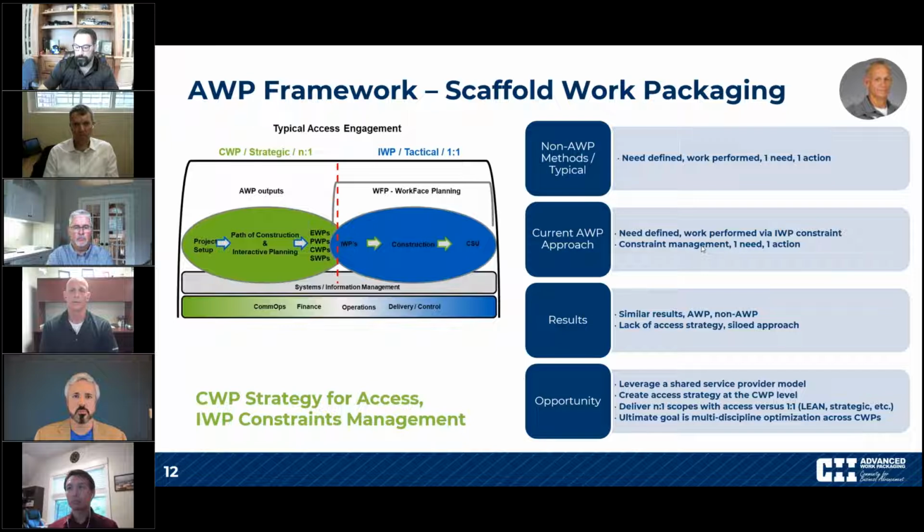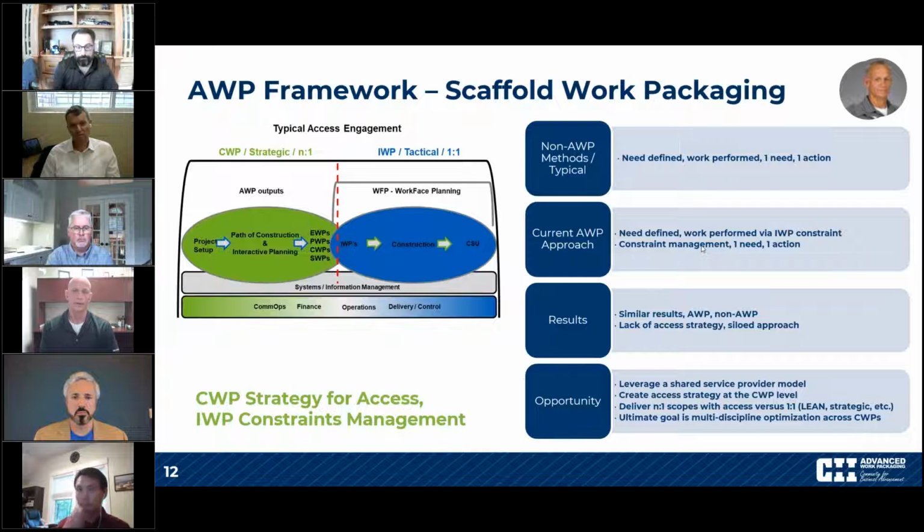The way we can add value is to understand at the CWA and CWP level who's doing what, and what's the most strategic way to provide access for the most scopes of work at a single time. Instead of building individual scaffolds for each field weld, maybe we could come up with alternatives, like a decking system or a much more robust approach versus individual constraints.